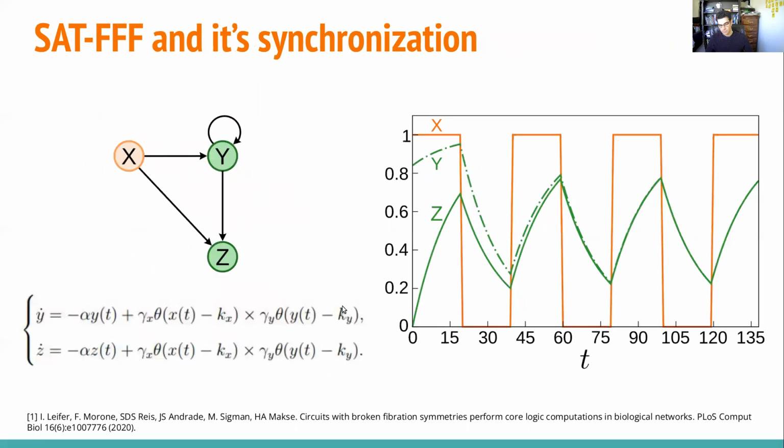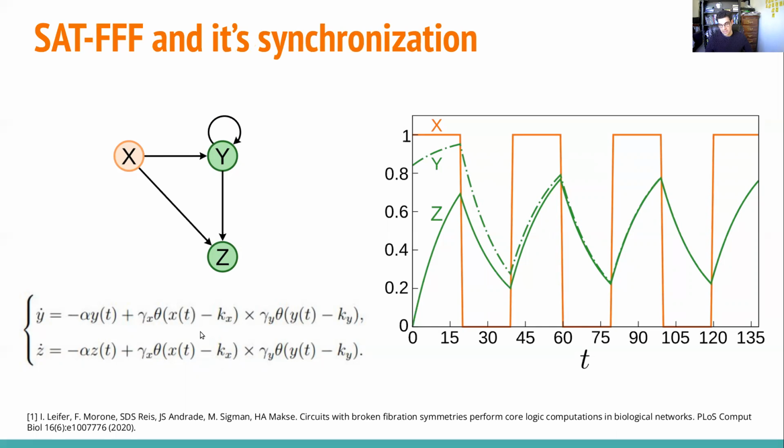Now, let's talk about the dynamics of these circuits. The simplest circuit that we want to consider is SAT-FFF. In this building block, all the links are activation links. X of t we just consider as an external signal in time, so we only consider the dynamics of y and z, and it can be written like this.